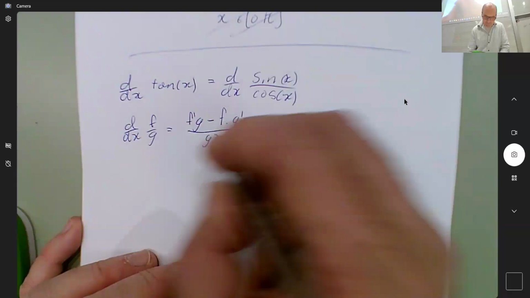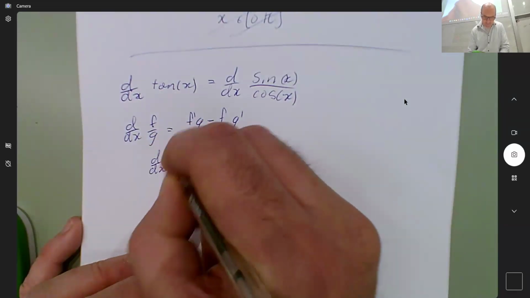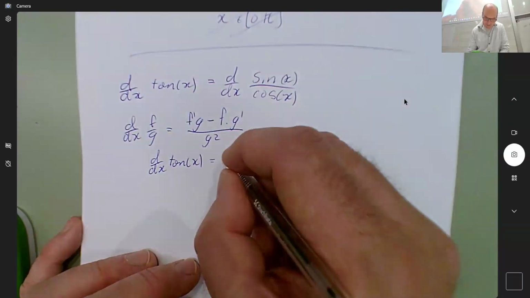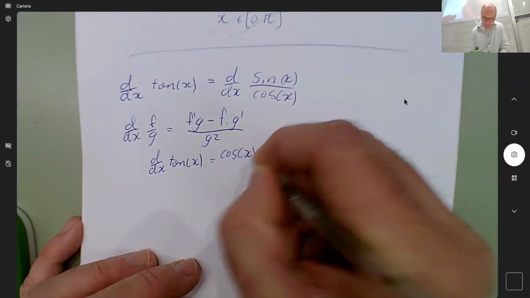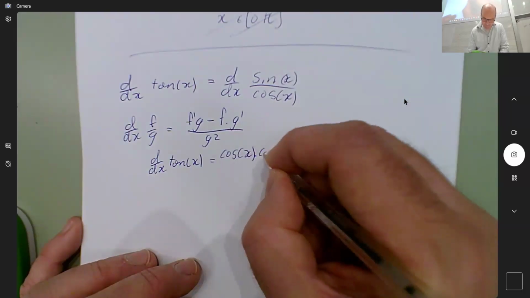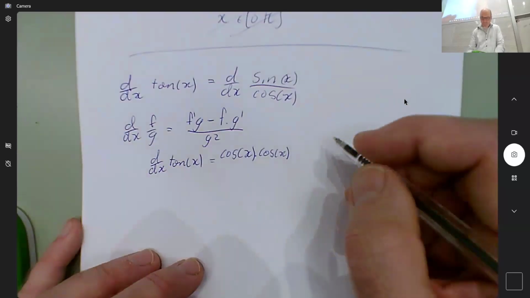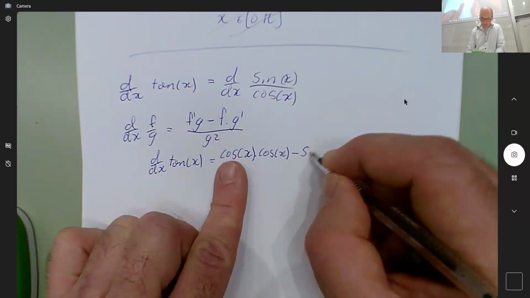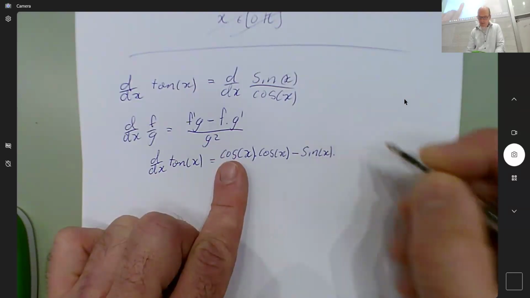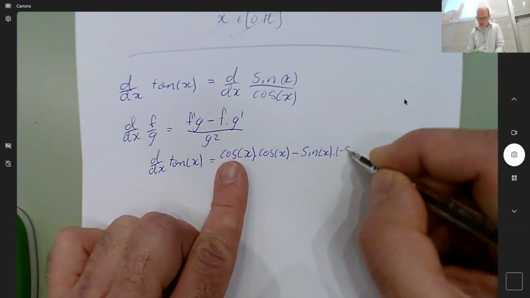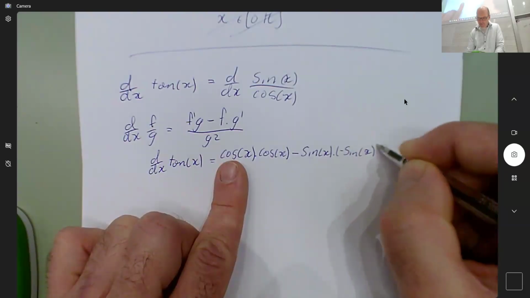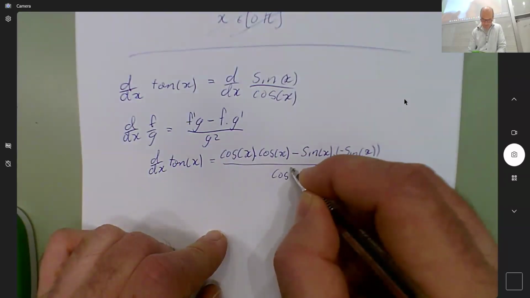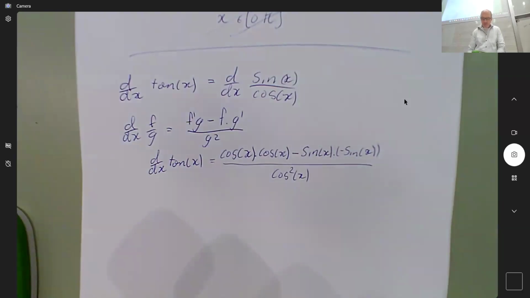So for our function, the derivative with respect to x of tan x: the derivative of the numerator is cos x times the denominator, cos x, minus the numerator, sine x, times the derivative of the denominator, minus sine x, all on the denominator squared, cos squared x. Let's simplify that.